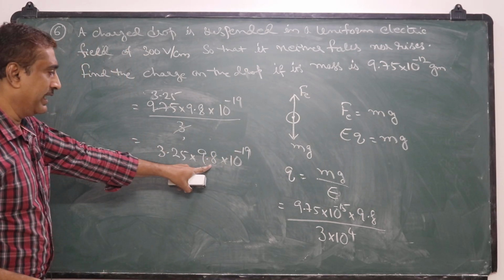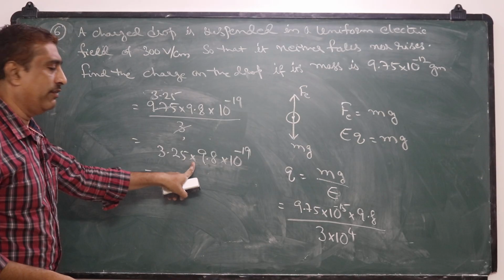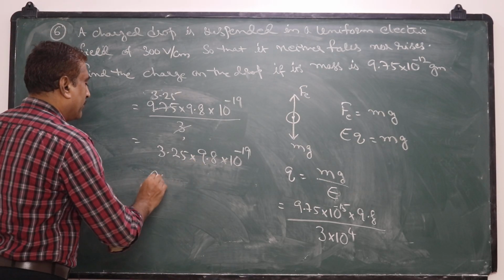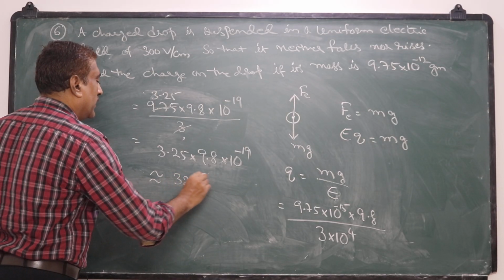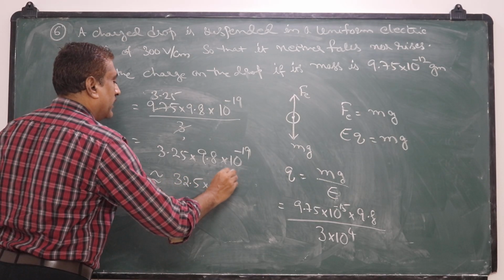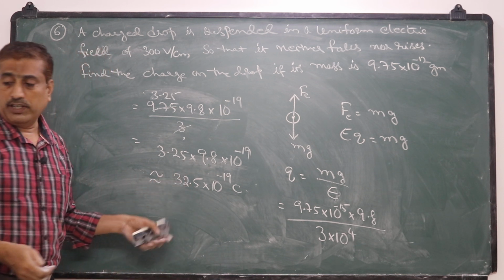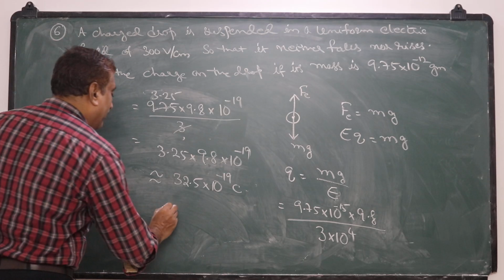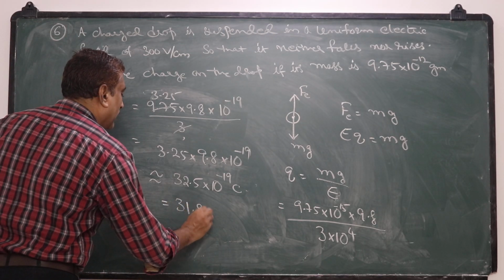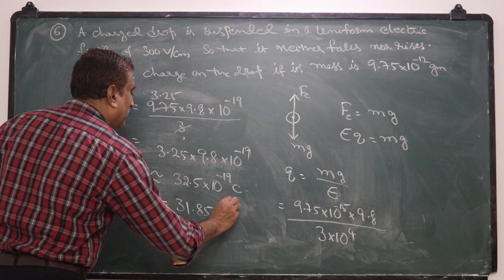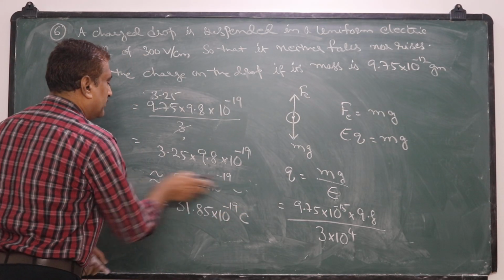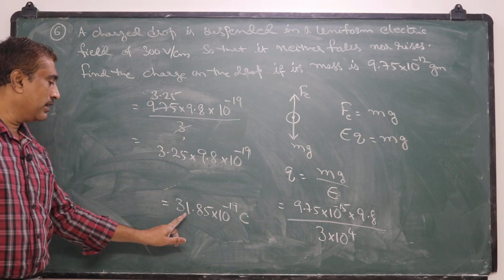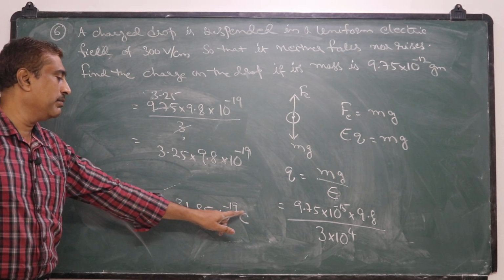Assume that if g is 10, then this will be 32.5. So this value is approximately 32.5 into 10 power minus 19 coulomb. So if you calculate with a calculator, you may get the answer 31.85. Exact value is 31.85 into 10 to the power minus 19 coulomb. So the charge on the particular drop is 31.85 into 10 to the power minus 19 coulomb.